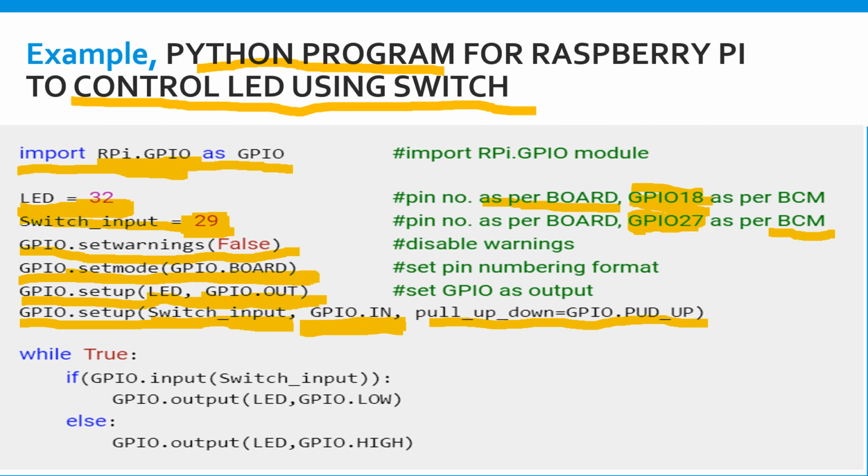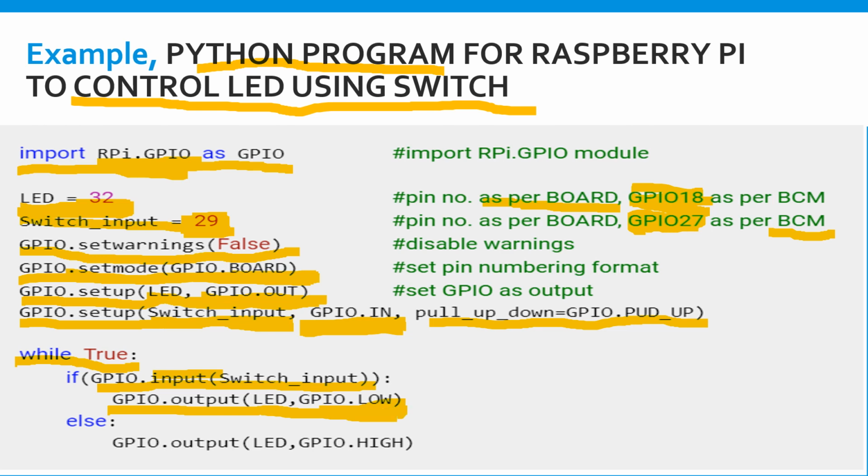Now the next is the loop mentioned over here, while True, and the condition given is using an if else statement. If the switch is pressed, switch is used as an input, that is switch is pressed, then the state of LED will be low. So here we are using GPIO.output(LED, GPIO.LOW). So here the output state is mentioned, it is low state.